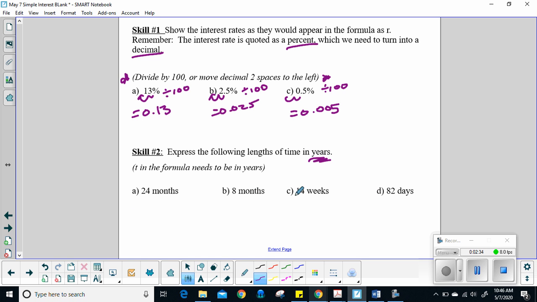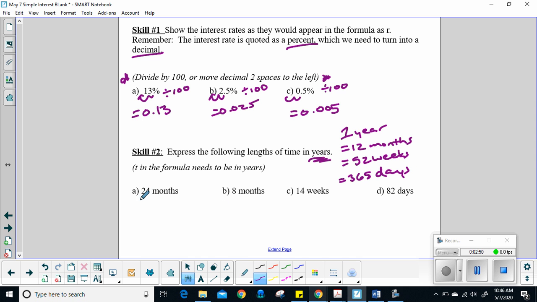Now in terms of expressing time in years, we must always be in years. Sometimes we have to convert, so don't forget that 1 year is the same thing as 12 months, 52 weeks, or 365 days.